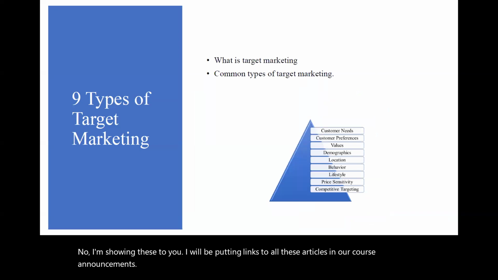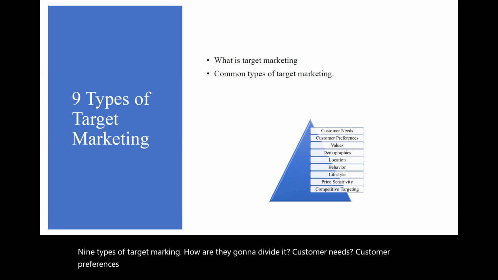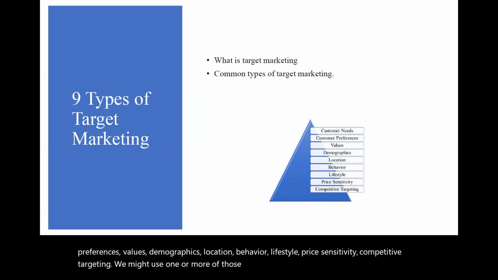9 types of target marketing. How are they going to divide it? Customer needs, customer preferences, values, demographics, location, behavior, lifestyle, price sensitivity, competitive targeting. We might use one or more of those types.